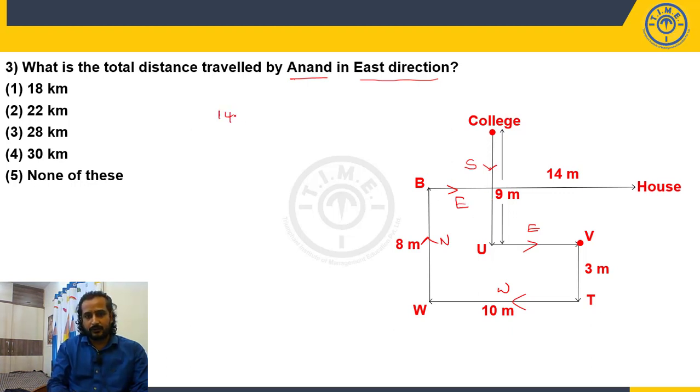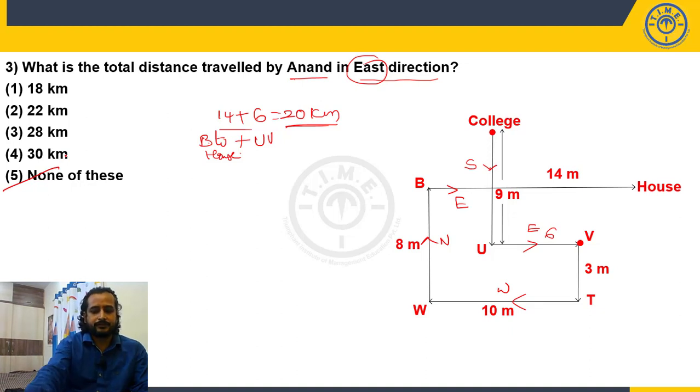Here is 14 kilometers and here is UV, which is 6. So 14 plus 6 is 20 kilometers. That is UV plus B to house. Which option? None of these, the option is not given. Choice 5. Perfectly matching.